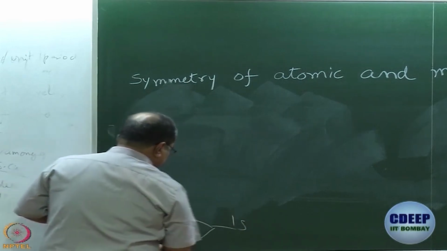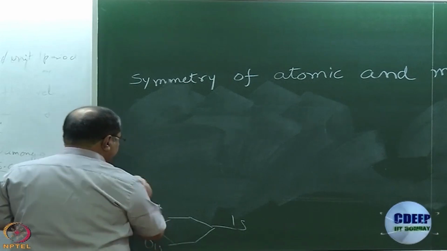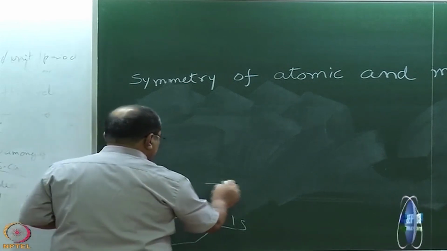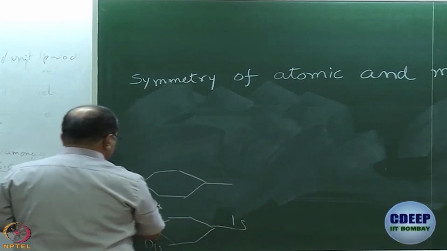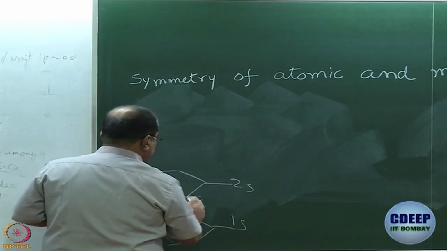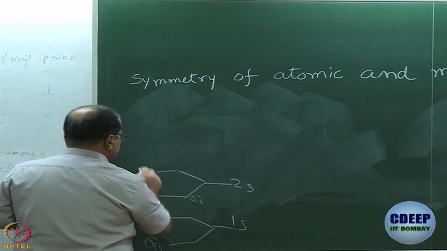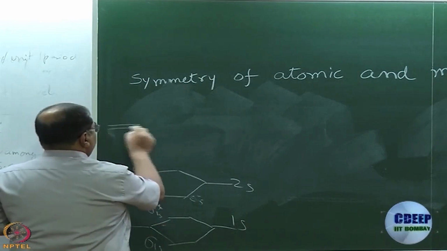1s and 1s give you sigma 1s and sigma 1s star, 2s and 2s give you sigma 2s, now I will write here sigma 2s and sigma 2s star. What about 2p?